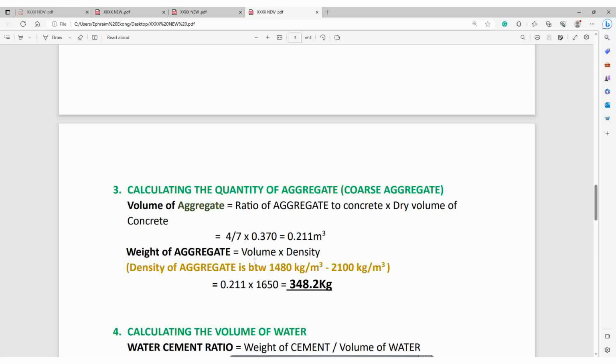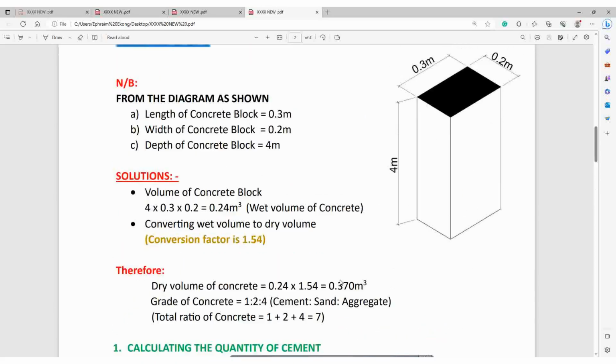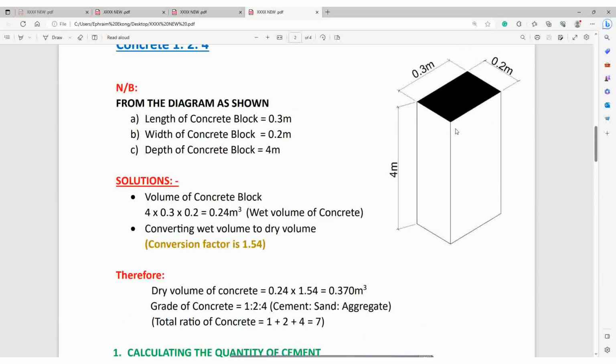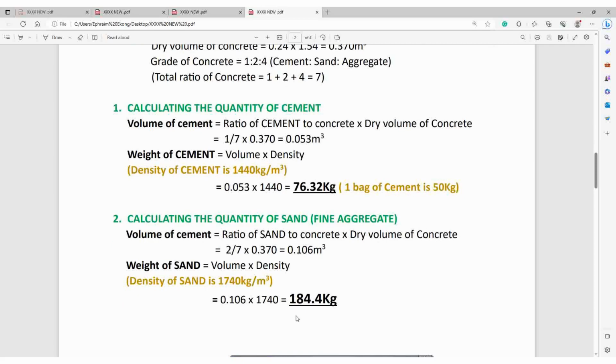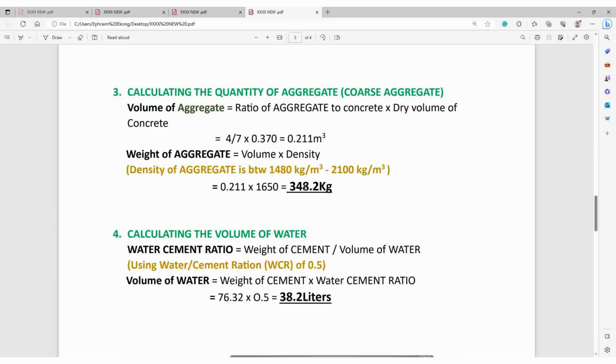So you now say the volume, which is 0.221, multiplied by 1,650, we have 348.2 kilogram. So that is the estimated quantity of coarse aggregate, which is our gravel, as we all know, or crushed stone. So this is it for this concrete block work. We achieve this estimated figure for that work.